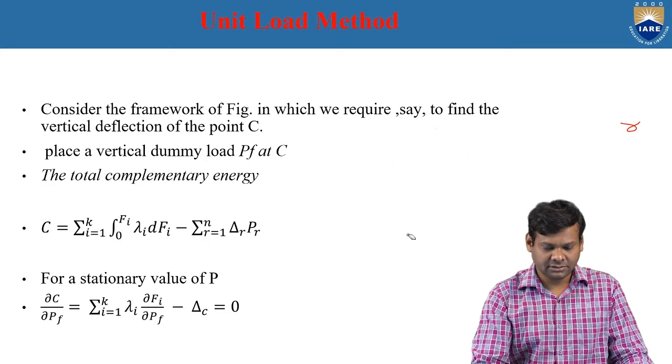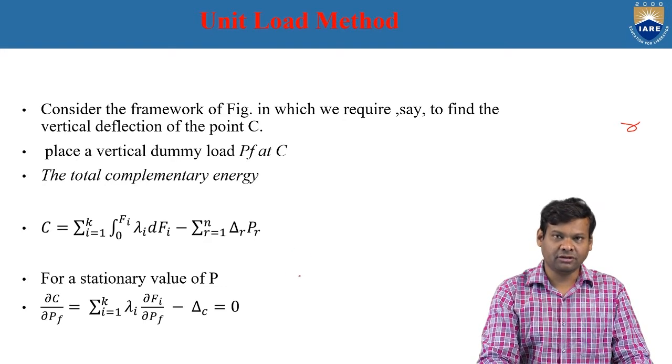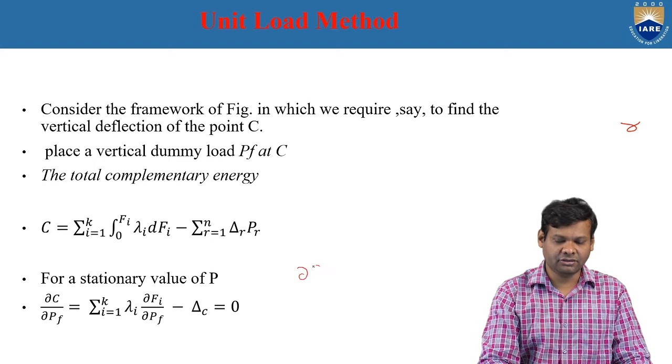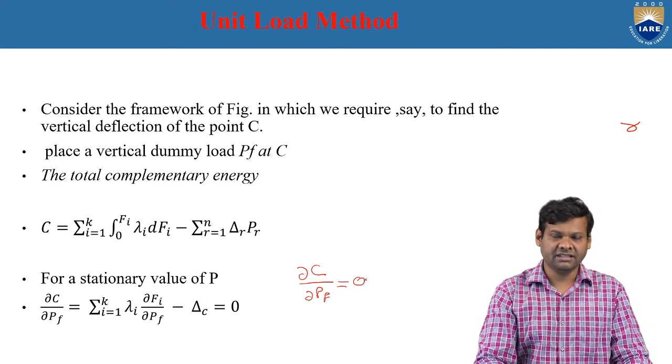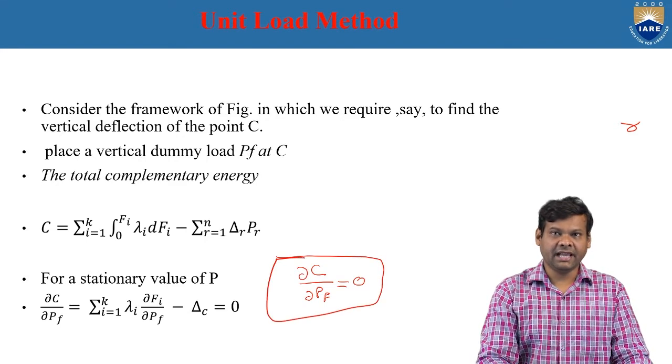That is, for a stationary value, the differentiation of complementary energy with respect to a specific load is 0. This is the condition which satisfies the stationary value. Moreover, lambda_i is the extension of element i due to some load.